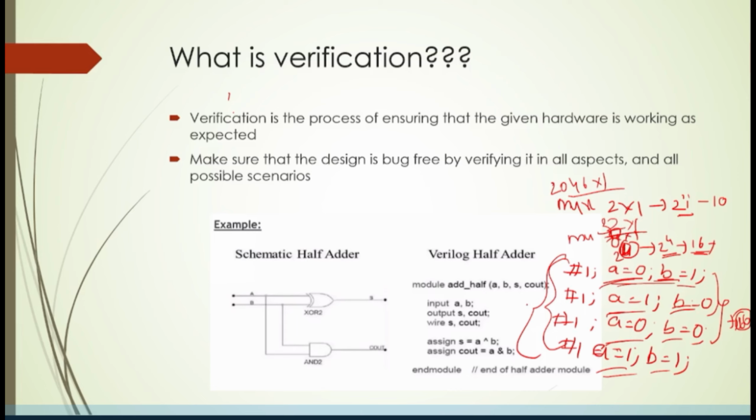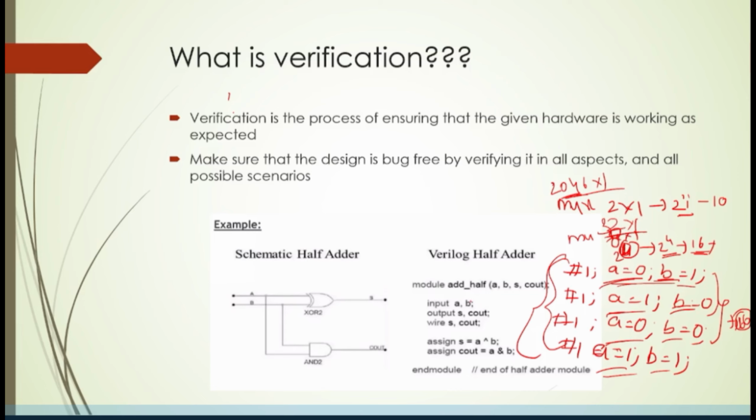But in order to design a circuit, you should test all the possible values, is it or not? Because even if your system is not reacting for one value, your system has a bug, is it or not? Yes. So you have to check all these combinations manually in case of Verilog.